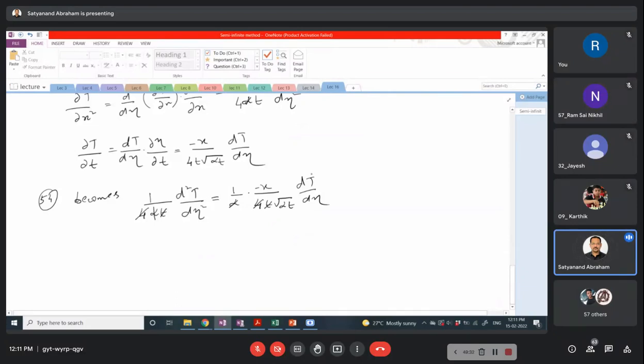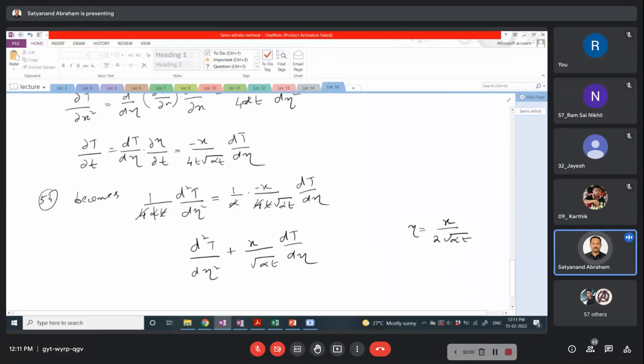Now what we are getting is d²T/dη² plus x/√(αt) dT/dη. But what is x/(2√(αt))? η is equal to x/(2√(αt)).